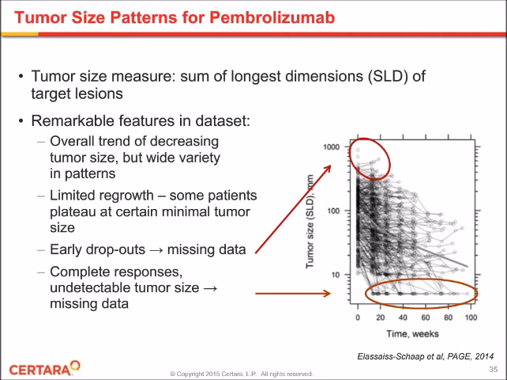Also, the data set, and this is not uncommon to oncology data sets, showed some early dropouts, so patients that already dropped out directly after the baseline, potentially because of a progressive disease, but no data recorded, so it cannot really be confirmed. But also, on the positive side, complete responses, so patients that achieved such a good response that no detectable tumor was left. But that's also a missing data feature that we had to address in our model.